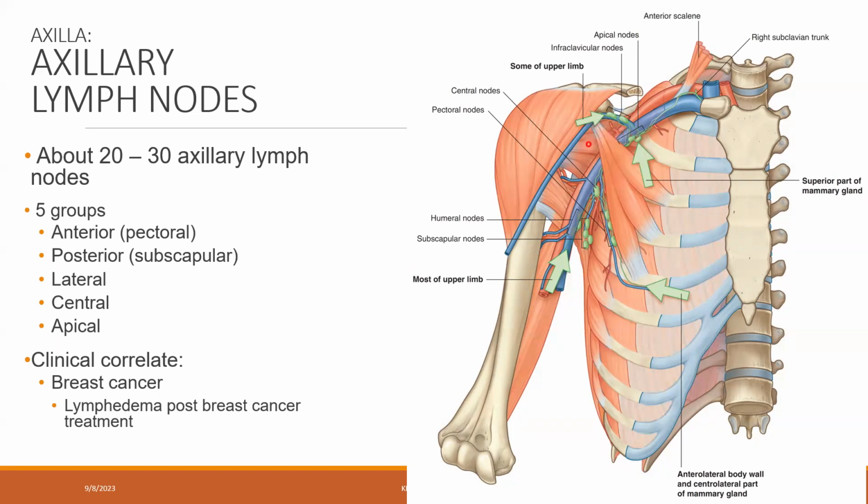And after the lymph has gone into the axillary lymph nodes, the lymph vessel is going to come from these nodes back into the circulation via the right subclavian trunk, and finally the right lymphatic duct that is located right here.